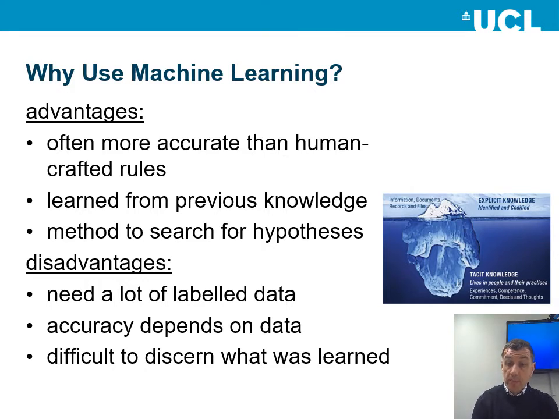Another problem that people often talk about in the context of machine learning is that it's difficult to identify exactly what the rule is that the algorithm has learned and that the algorithm is applying. So you can get cases where people are reluctant to use machine learning because they feel that they don't quite know what the computer's learned and what it's doing. And we'll talk about some of those issues in later sessions.